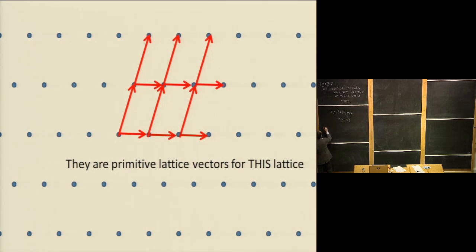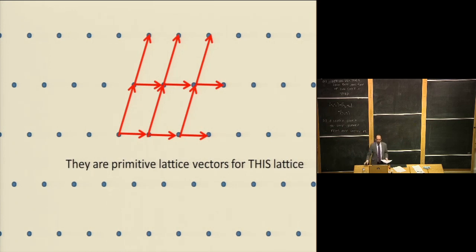A third definition, C, is that a lattice looks the same viewed from any lattice point. So for example, if I sit myself here, so this thing is a lattice.